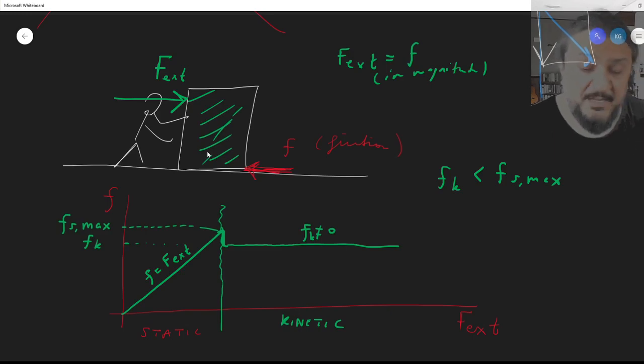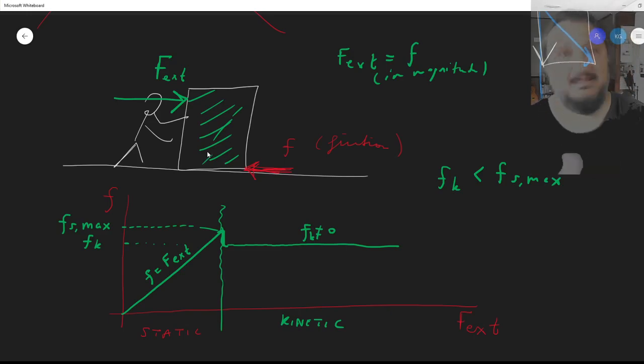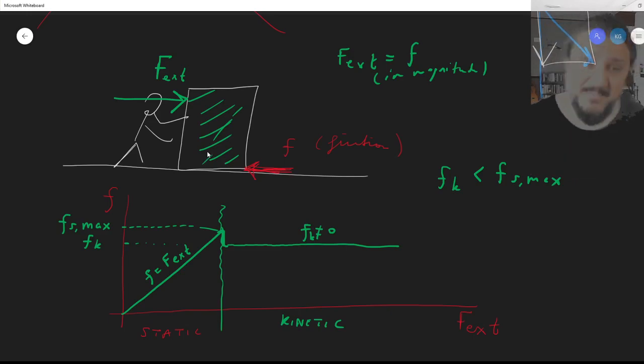So it depends on two things: the material these are made of, both the object and the floor. Are we talking about wood against wood, or steel against glass, or steel on ice, or rubber against wood? Endless possibilities. So it's an experimental science. We have to do the experiment in a lab in a controlled environment and write down the numbers.